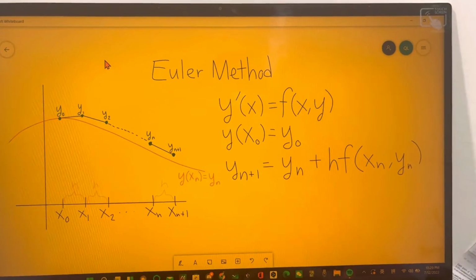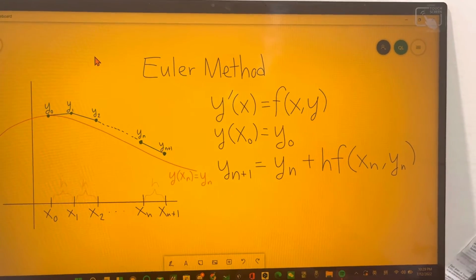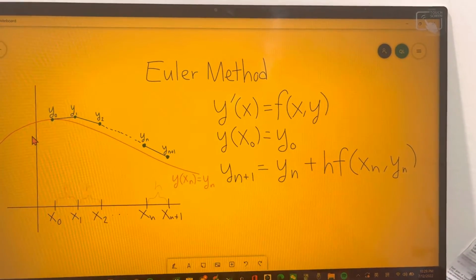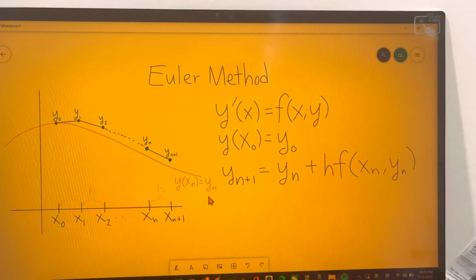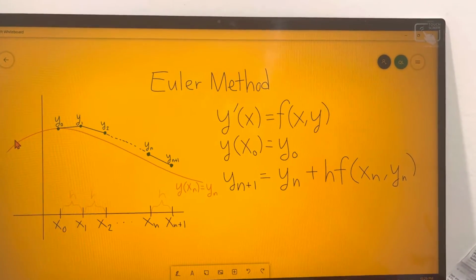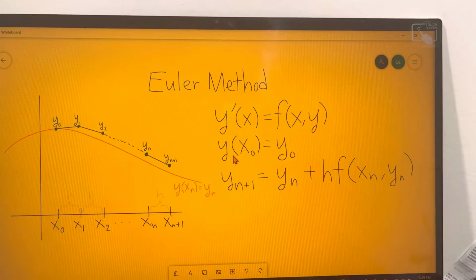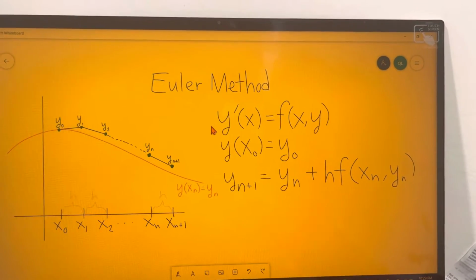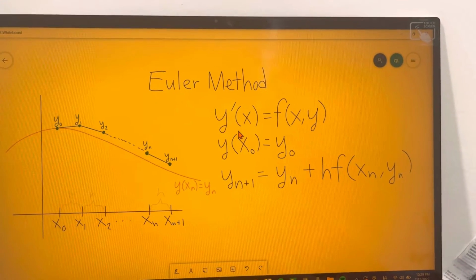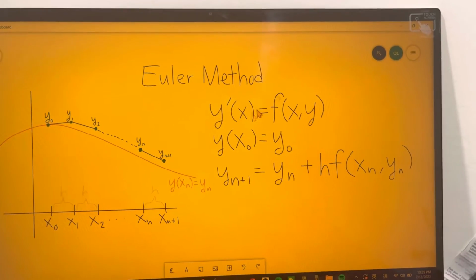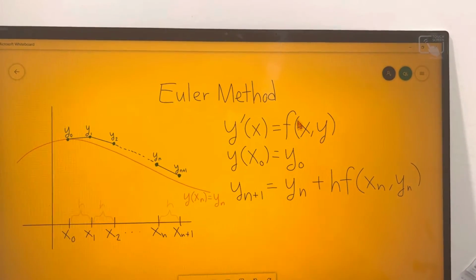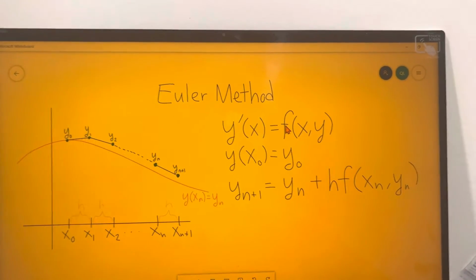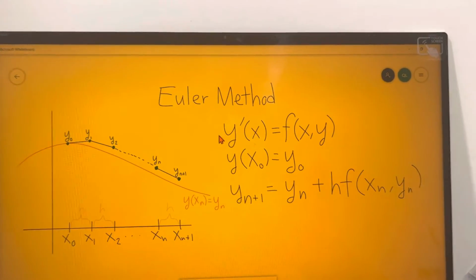Now how the Euler method works is that, say you had a function, we look at the graph here, we have y of some xn equals yn. It's basically like solving a differential equation. We get some y prime of x, the first derivative, equals f of x, y, where f is just some function, and this is our differential equation.